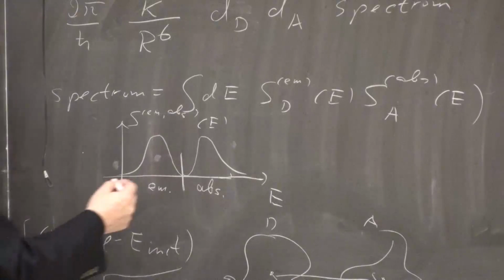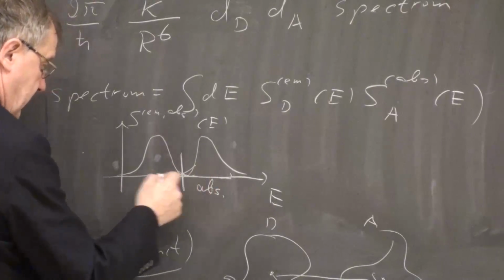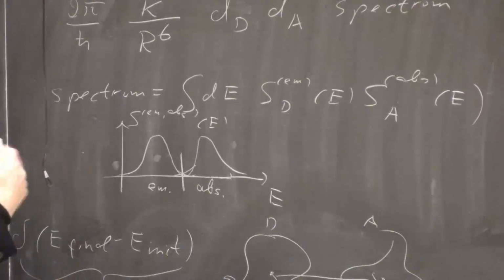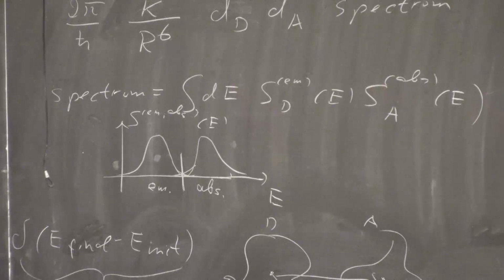There can be some thermal effect that you're getting a slight overlap. That can happen, but that's sort of small and more academic. So usually there's a pretty nice divide, and so that is how it is.